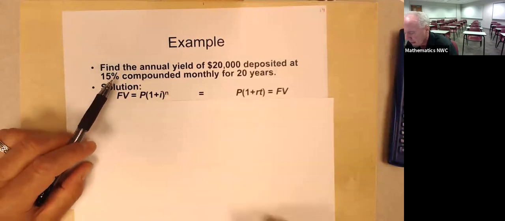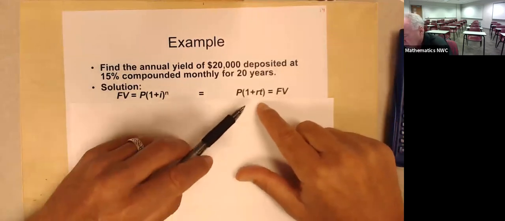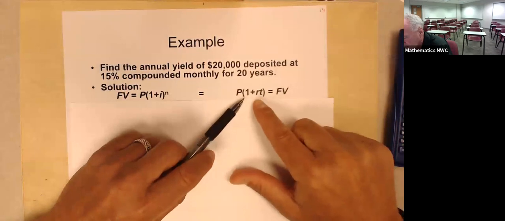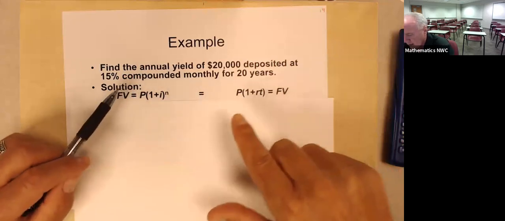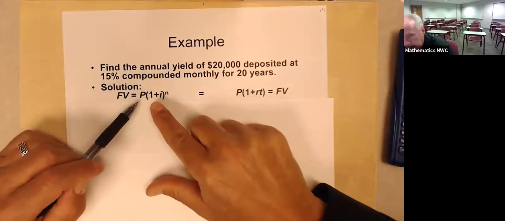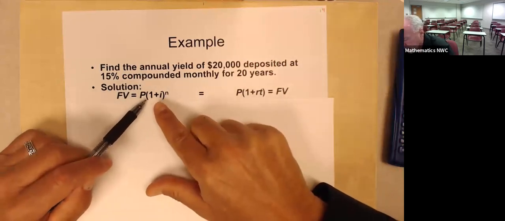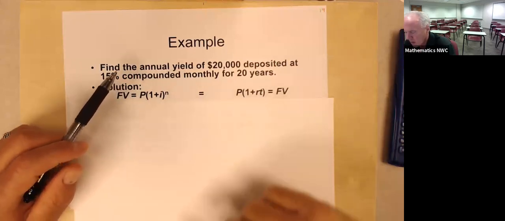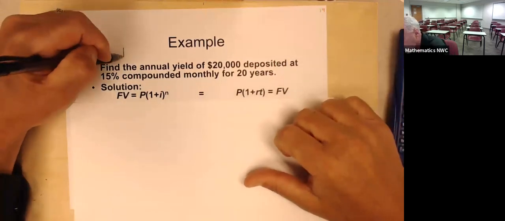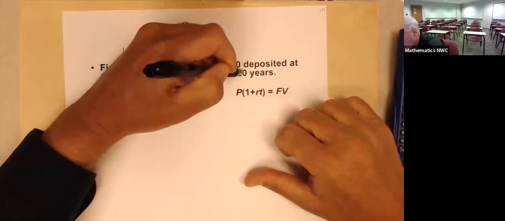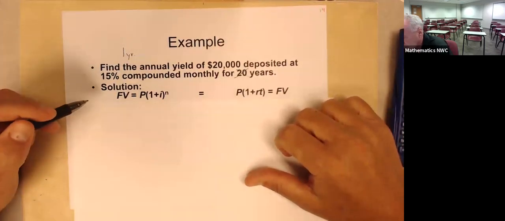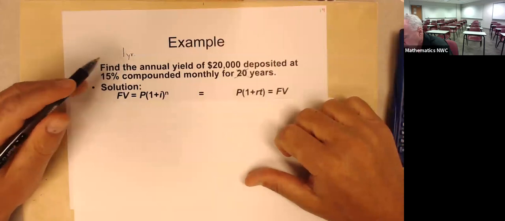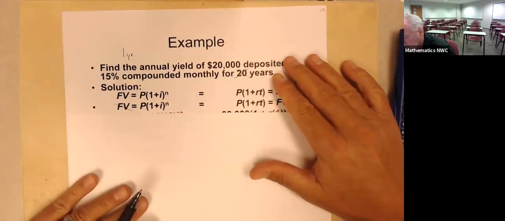Here's what we're looking at. This formula was our simple interest formula for a future value. This is the one we've been working at today, future value of compound interest. Remember I said for 1 year. So this 20 is immaterial to us. We're looking at this for 1 year.